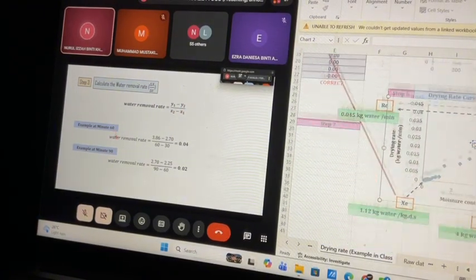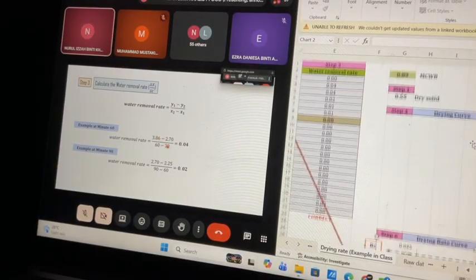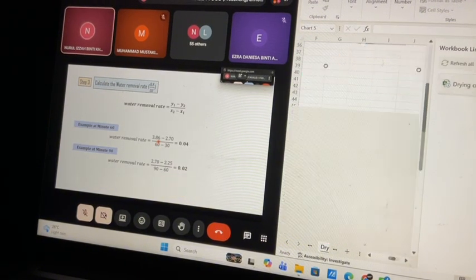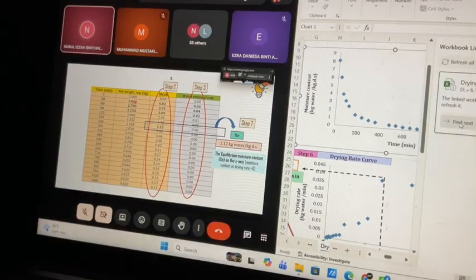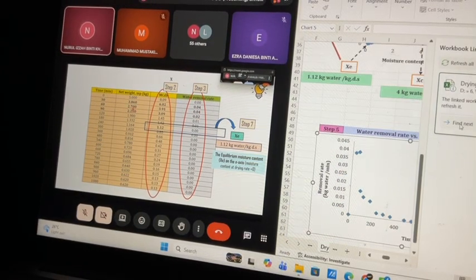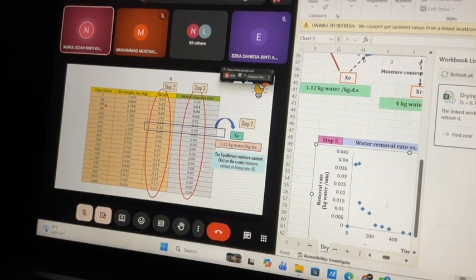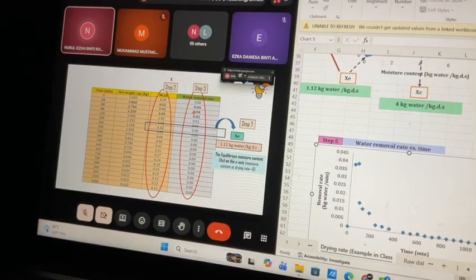For example, here at minute 60, you will get 3.86 minus 2.7. You want to know the removal rate here, so 3.86 minus 2.7 divided by 60 minus 30. Okay, you will get 0.04.